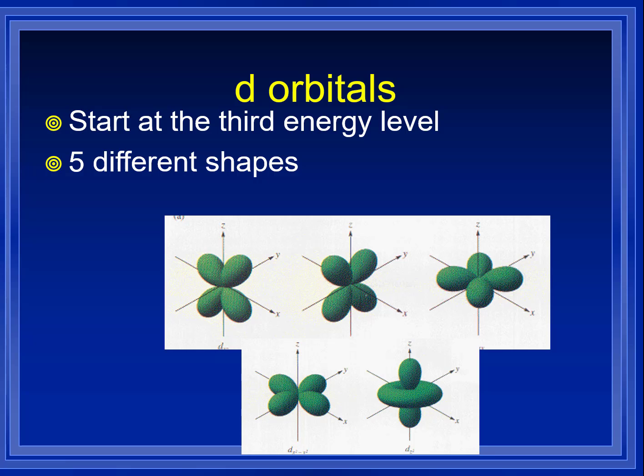So each shape can hold up to 2 electrons. So that means my d orbitals can hold a total of 10 electrons, at most. There's room for 10.